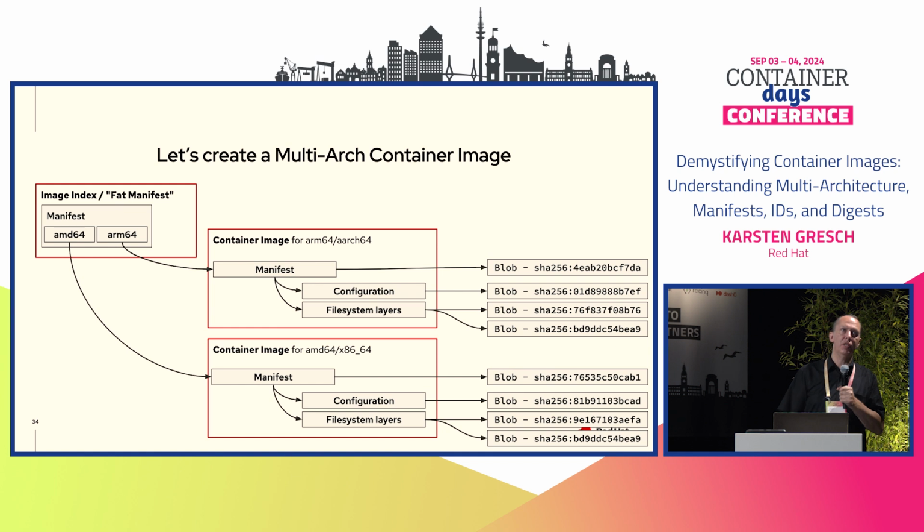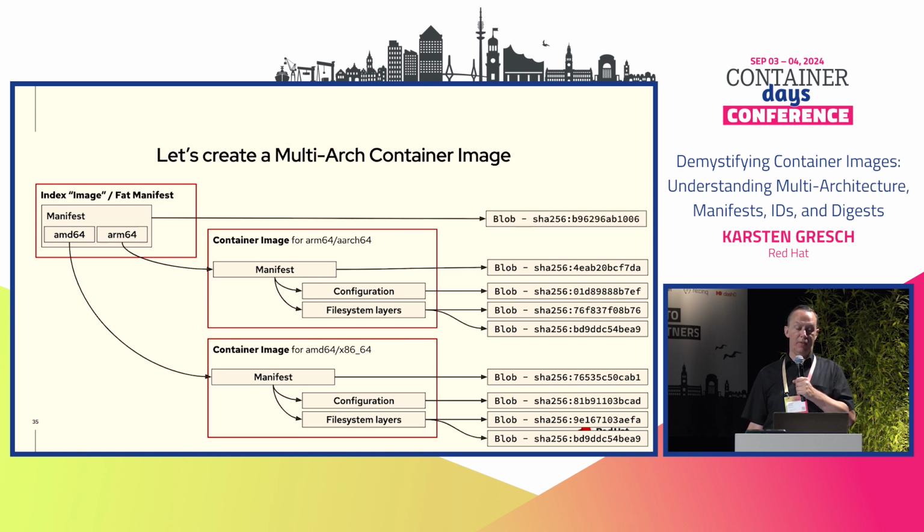It's also called image index. In Docker times it was manifest list, and it's also called fat manifest in the specification. Of course you can add many more architectures, as many as supported, into such a multi-architecture container image. This is how it works, and it's quite self-understandable.